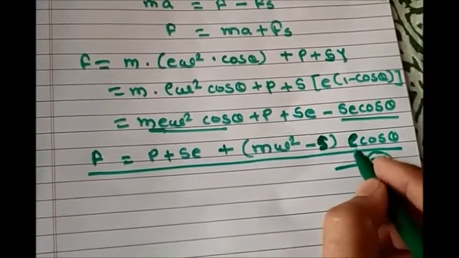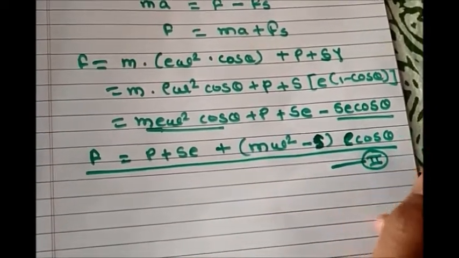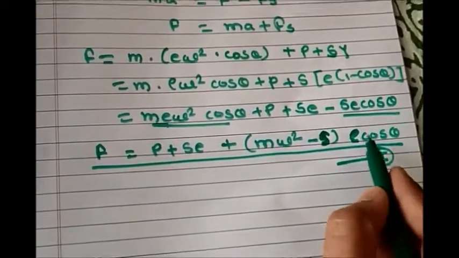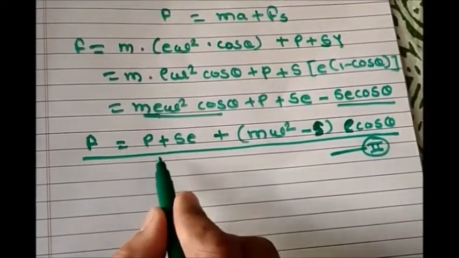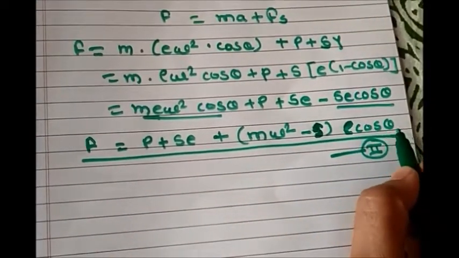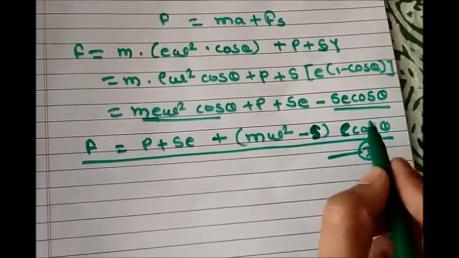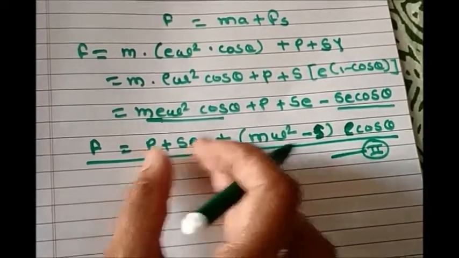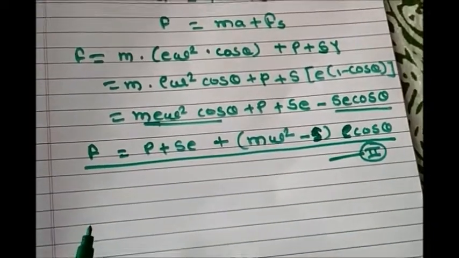From this equation we can say that contact force is maximum when theta becomes 0, because cos 0 is 1, and the contact force will be minimum when theta is equal to 180 degree, because cos 180 degree is minus 1, so this term becomes negative and the contact force is reduced.